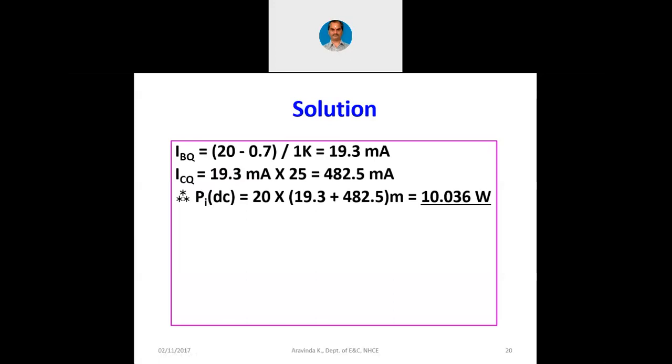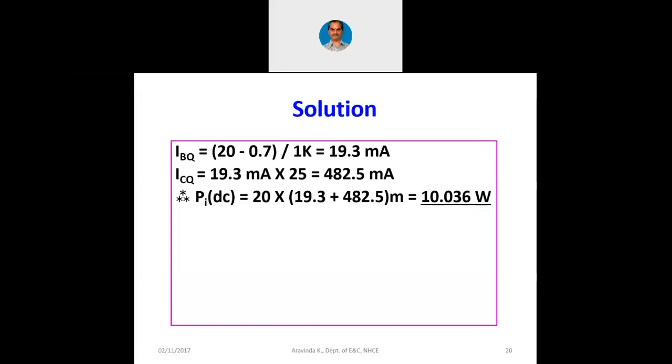But now in the last module the base current is in milliamperes. We cannot ignore it, so let us consider that current also. So (19.3 milliamps plus 482.5 milliamps) into the supply voltage VCC is going to be around 10.036 watts. This is the DC input power to the circuit.